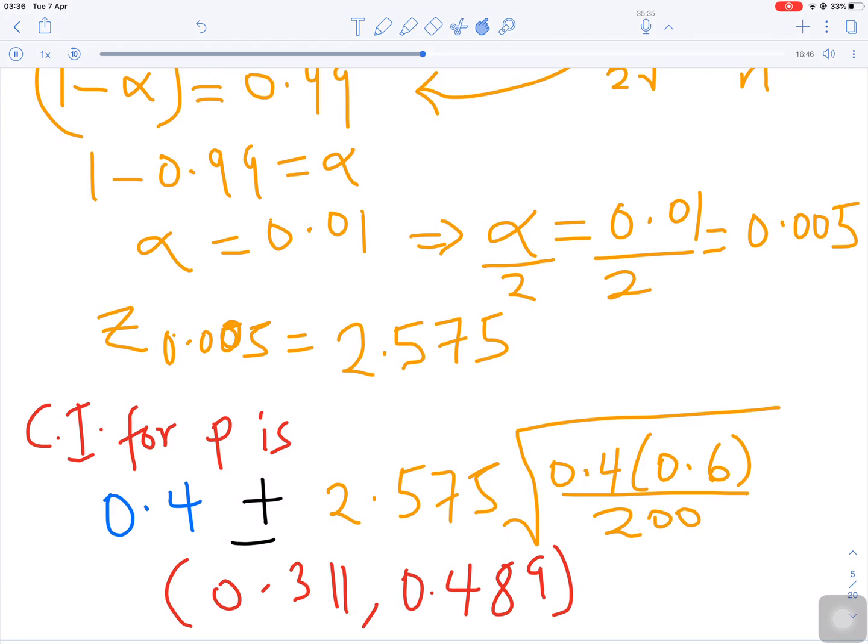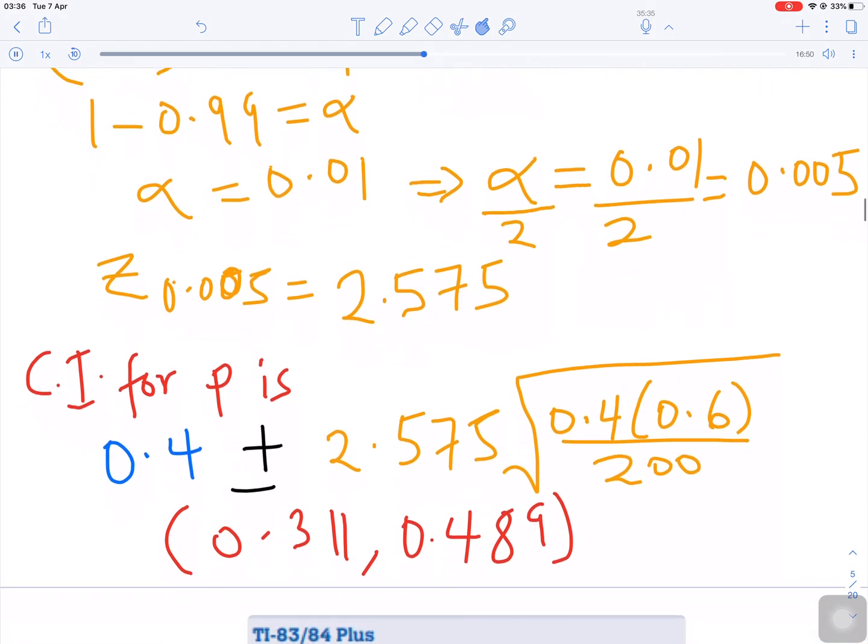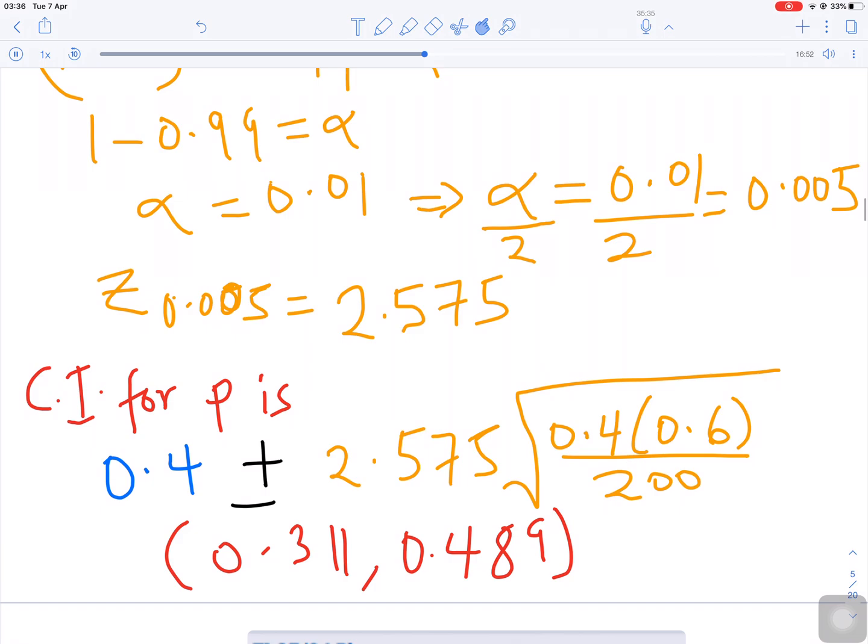So putting that value back as a subscript of z, from chapter 7.2, we have seen how to find this z value. So when you see z subscript 0.005, it means that you want to locate the z score when the area to its right is 0.005. Or in other words, you want to look for the critical value, okay?